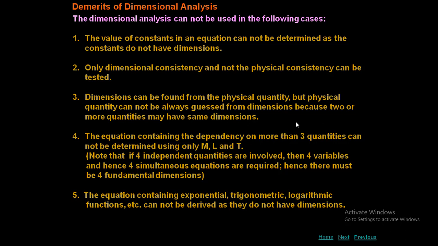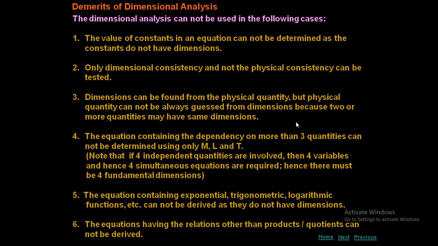So whenever you have trigonometric functions or logarithmic functions or exponential functions, we cannot use dimensional analysis. The equations having the relation other than product or quotient cannot be derived. That means we cannot derive v equal to u plus at using dimensional analysis method. That is the third application. So these are the demerits which are very important, can be asked in the examination.